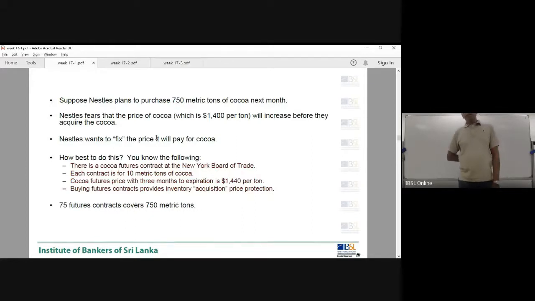How can they do this? Now the risk is the price going up. So they need to buy a derivative which makes money for them if the price goes up, right? So what makes money if the price goes up? You need to go long. How best to do this? There is a cocoa futures contract.